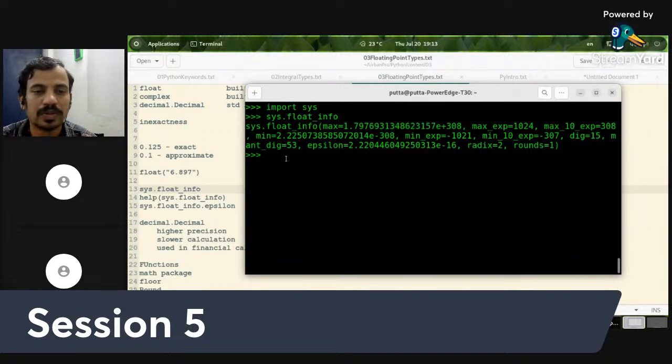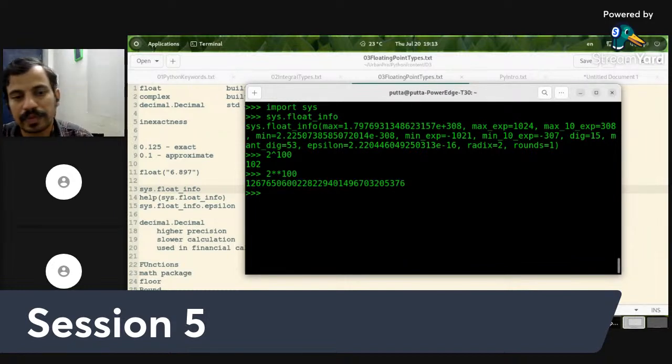For example, if I give 2 star star 100, you can represent that value also. So Python can really store large numbers.